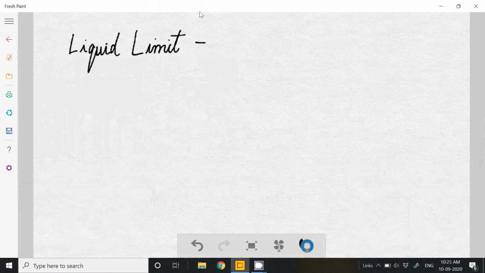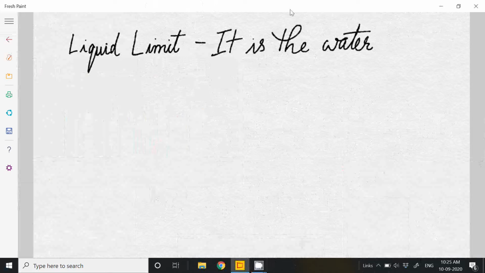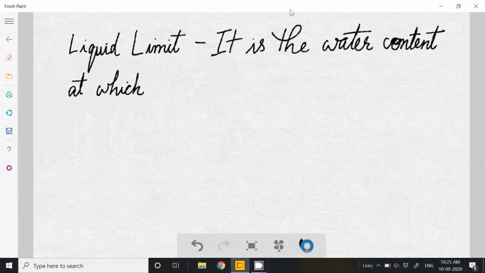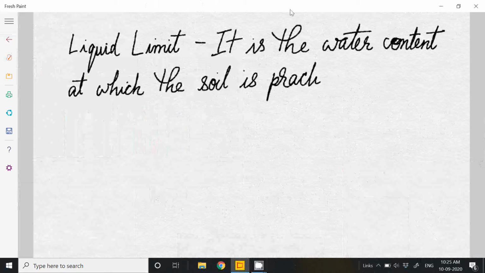It is the water content at which the soil is practically in a liquid state.